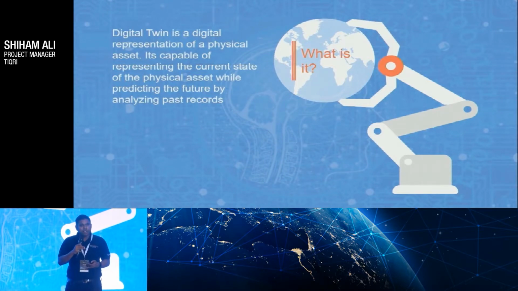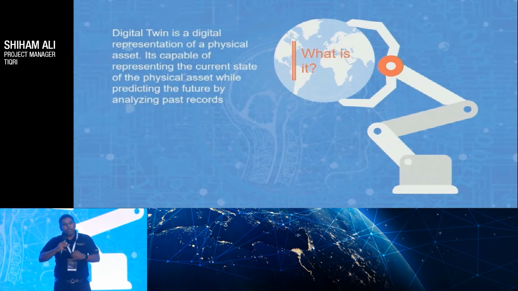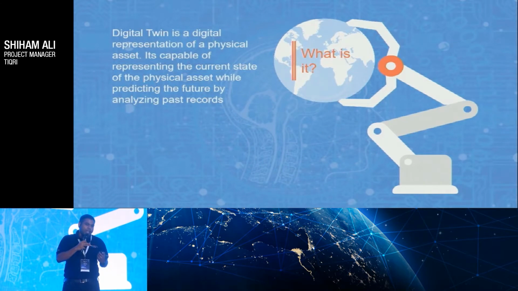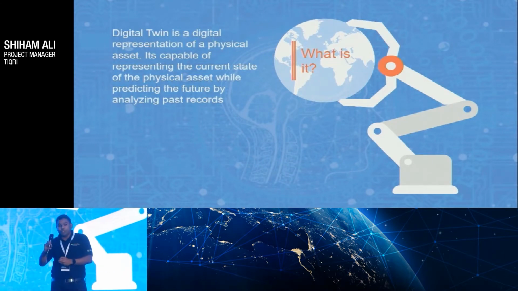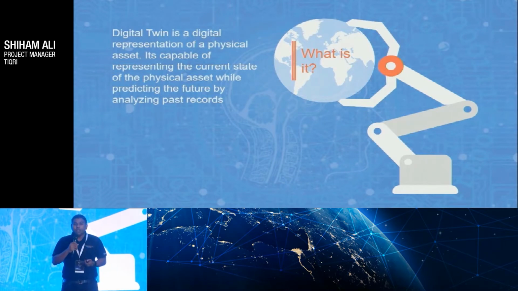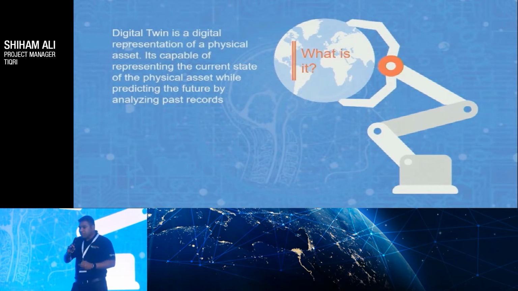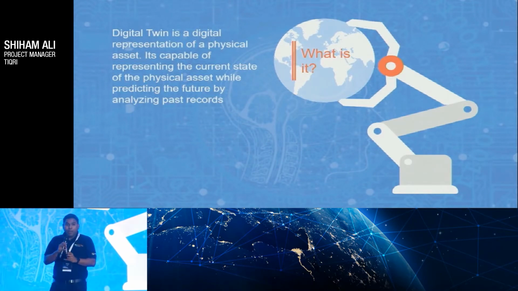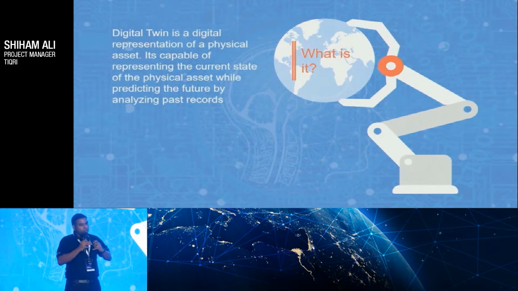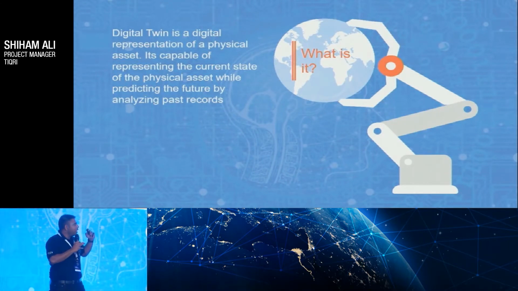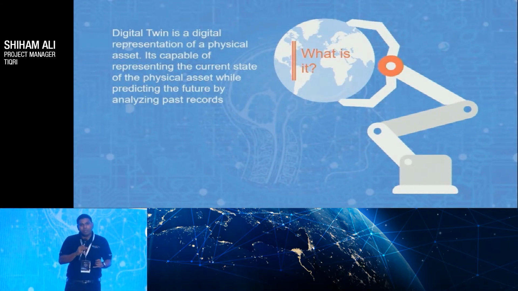Where digital twin comes into play is the marriage of looking at the previous data of what that asset has done, and predicting what's going to happen in future, and how you can use that information wisely. That is basically the concept of what a digital twin is. And this concept can be applied to many things, but what we are going to focus on today is mainly the building part of it.